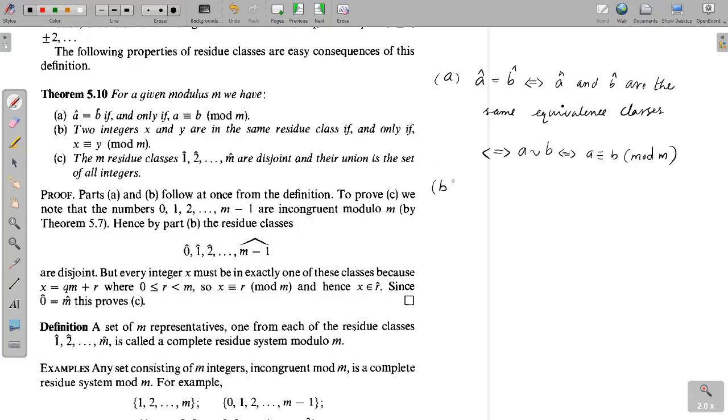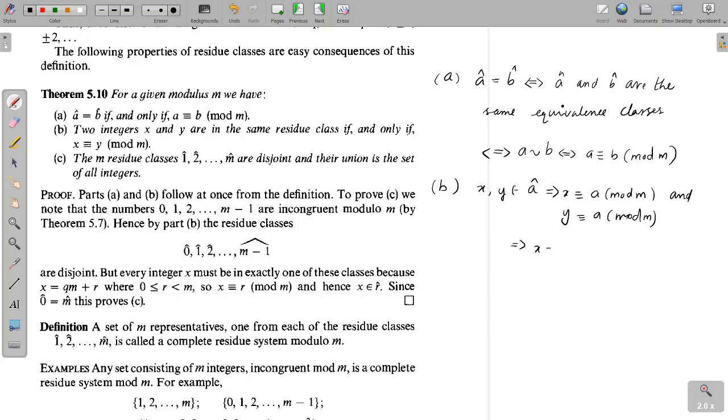To prove b, we assume that x, y belong to the equivalence class of a. This shows that x is congruent to a mod m and y is congruent to a mod m. But we know that this congruence is an equivalence relation.